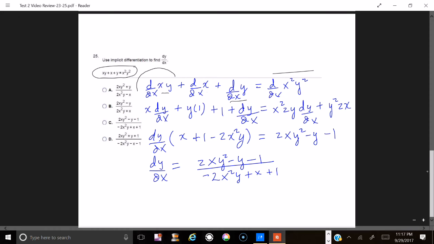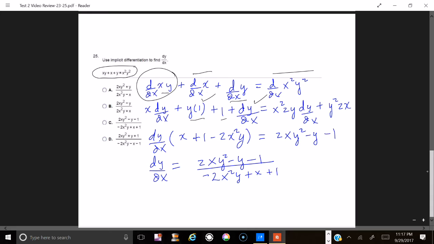Now, the first term is a product, so we take the first, x, times the derivative of the second, which is dy/dx, plus y times the derivative of the first, which is the derivative of x, which is 1. Then we take d/dx of x, which is 1, and of course d/dx of y is dy/dx.